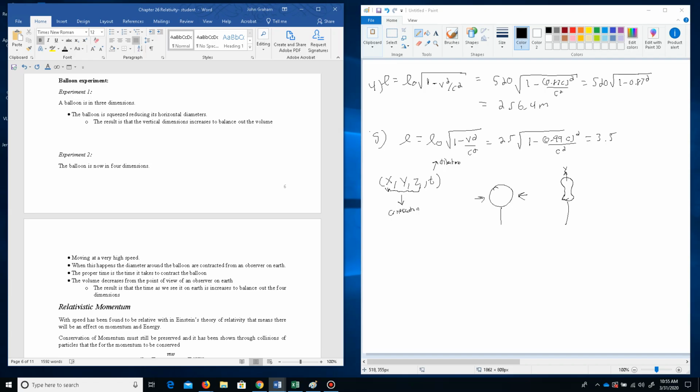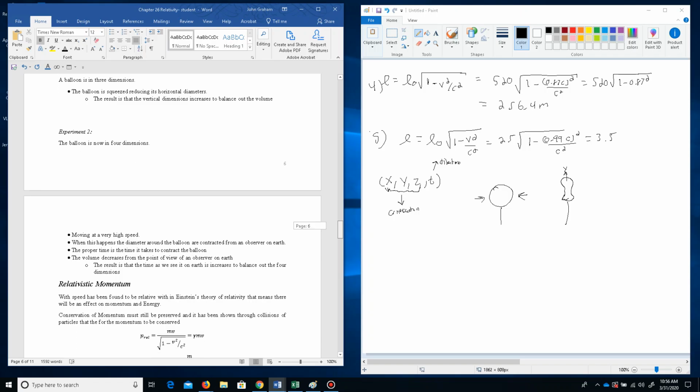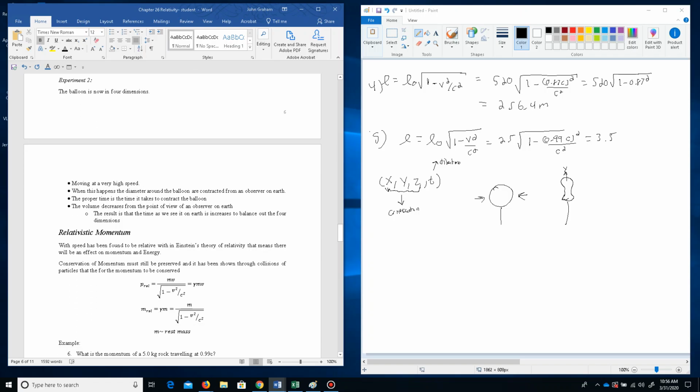And so this first part is experiment 1. Balloon is squeezed, resulting in horizontal being reduced, but you get an increase in your vertical dimensions. So in experiment 2, that balloon's in 4 dimensions.